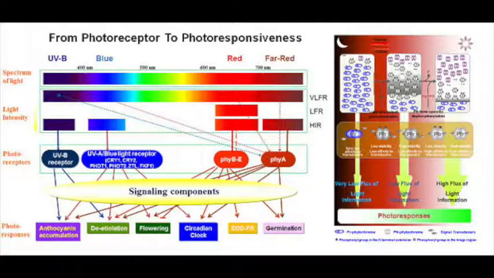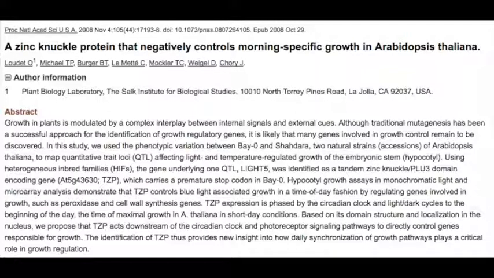So I should actually thank the person that identified this gene, Olivier Ludet, who was a postdoc in Joanne's lab, and now he's at Inrae. He was a geneticist, and he used QTL mapping for isolating this gene that codes for a protein that I'm going to refer to as TZP from now on.